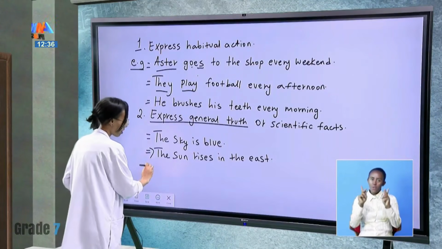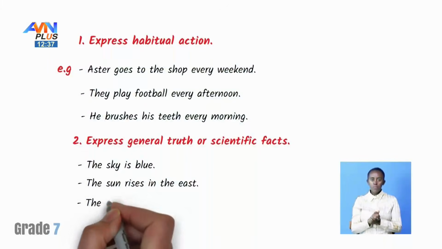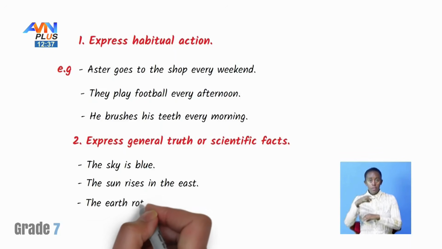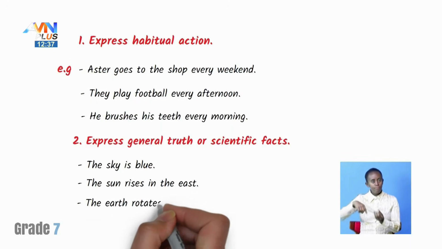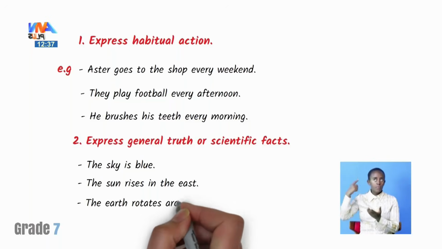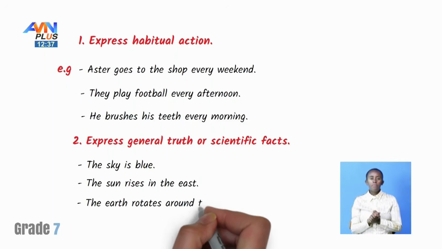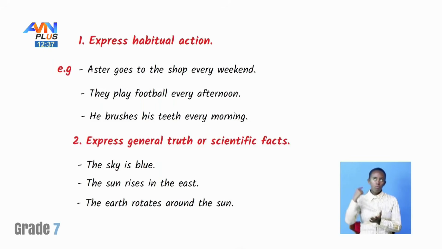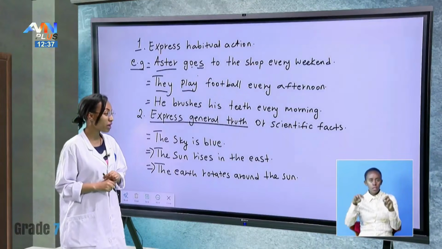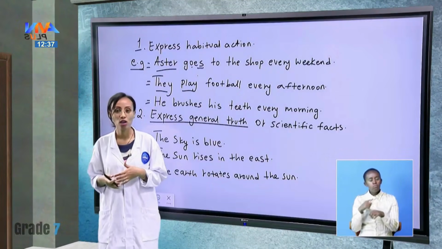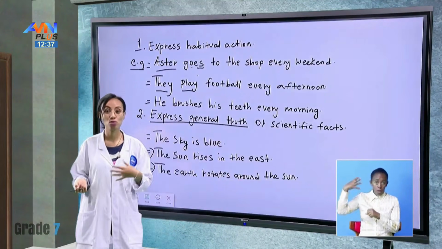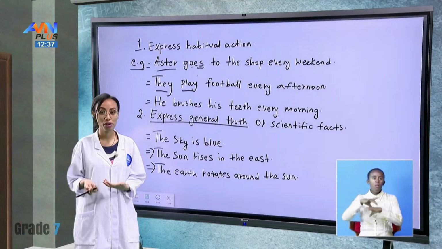Okay, another example. The earth rotates around the sun. This is also a scientific fact. A lot of people in the old days used to think that it was the sun that rotated around the earth.